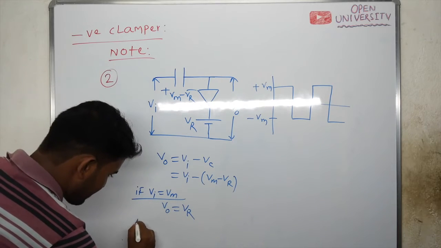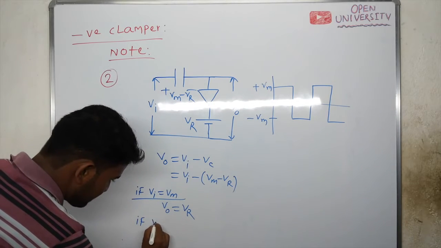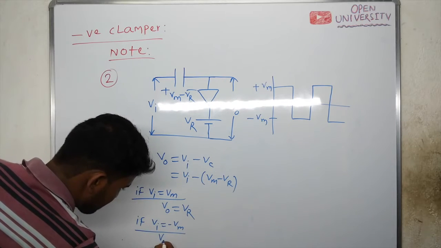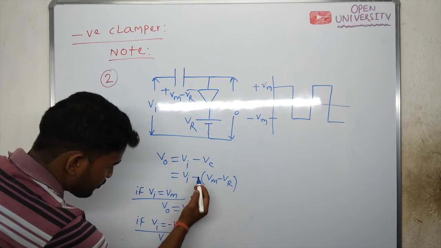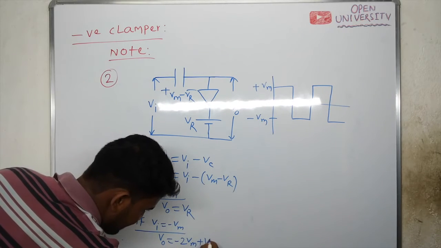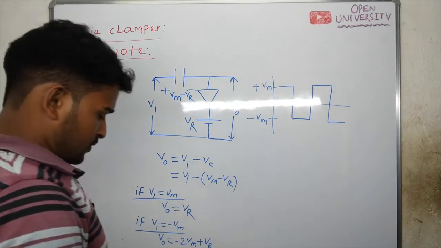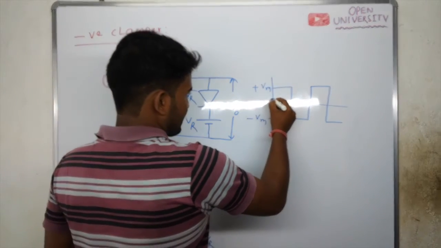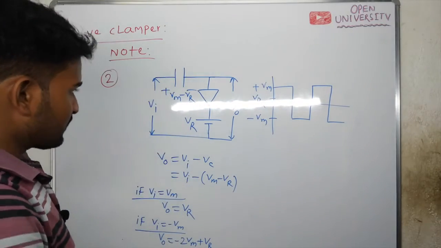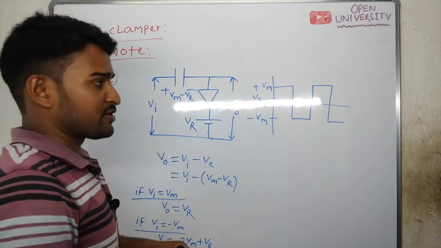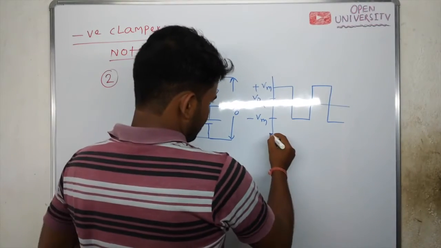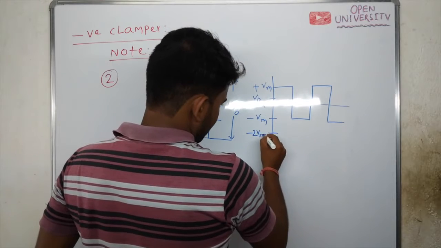And if Vi becomes minus Vm, then the output voltage will be minus Vm minus Vm, minus 2Vm plus Vr. I am assuming Vr some positive value. And this is your minus 2Vm plus Vr.